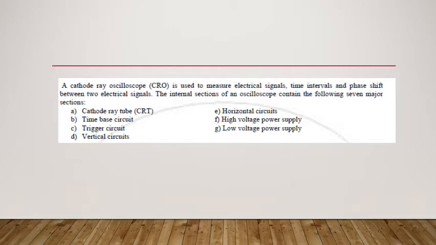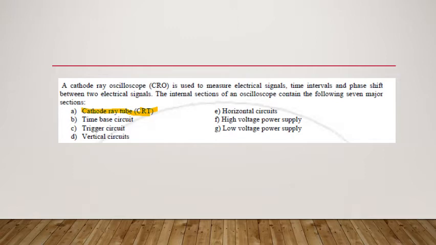The internal section of an oscilloscope can be divided into 7 major parts. These 7 parts are here, and we will show these 7 parts in a block diagram also. First one, and most important, is CRT, cathode ray tube. We have discussed this in detail.